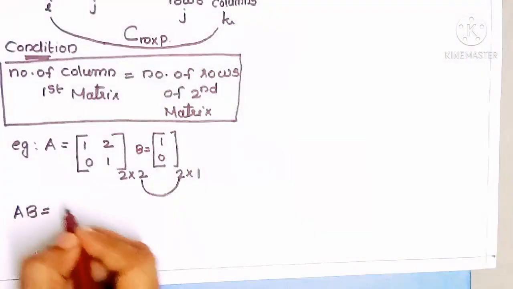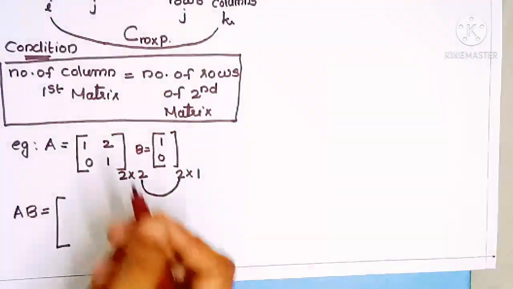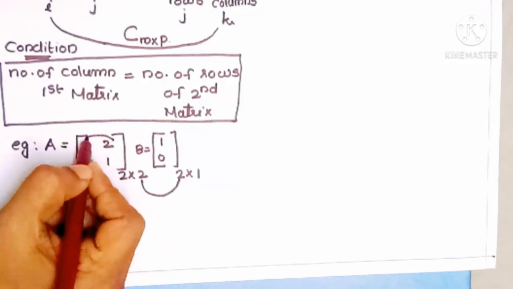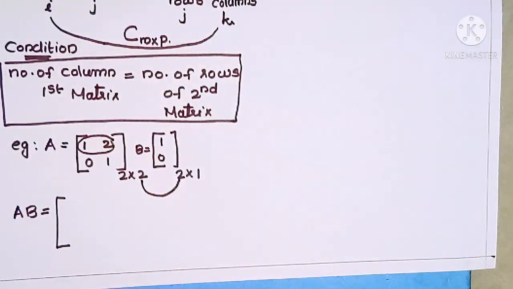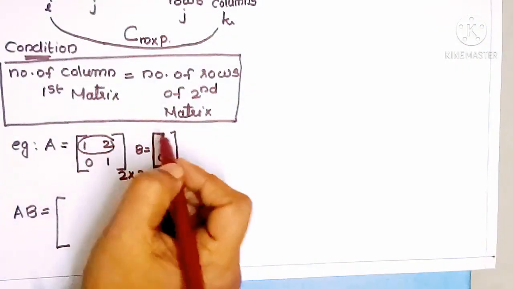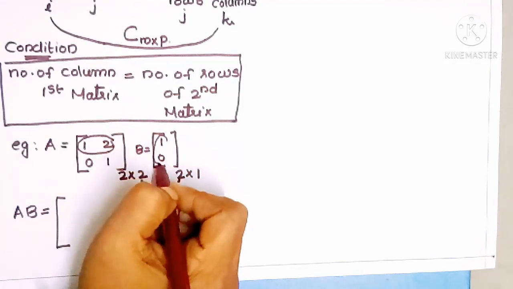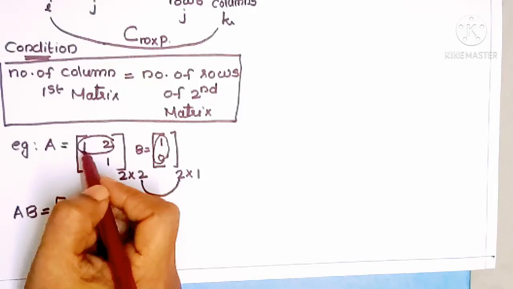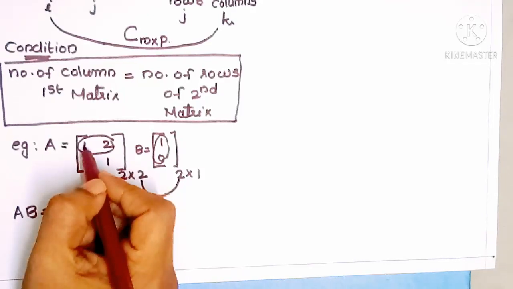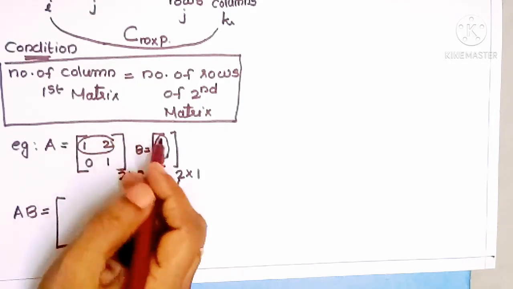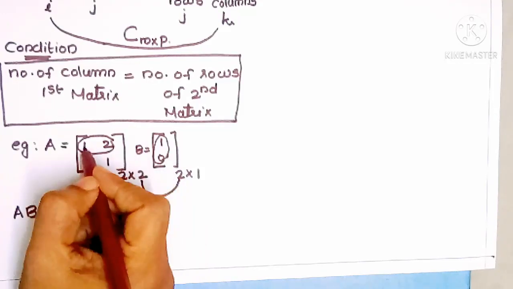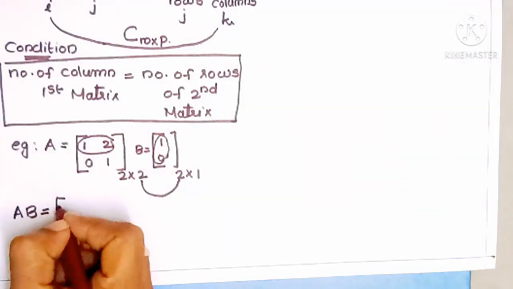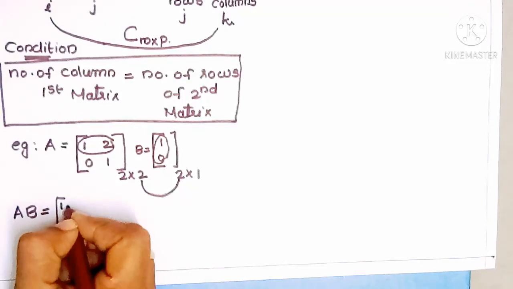For that, first take the first row of the A matrix. Here we have only one column, so we take that column. You should multiply the first element with the first element of the second matrix. So 1 into 1, which is 1. We write this step as 1 into 1.